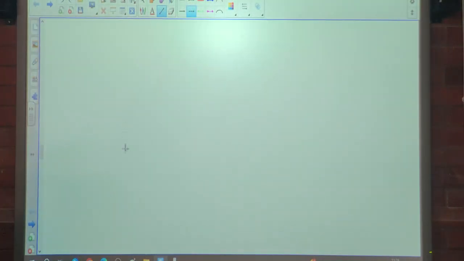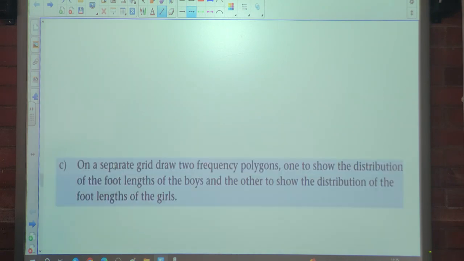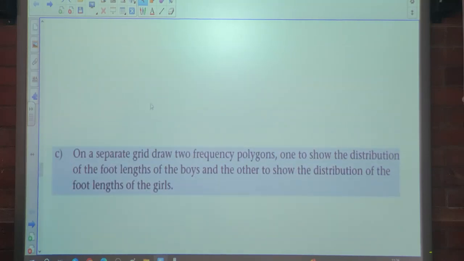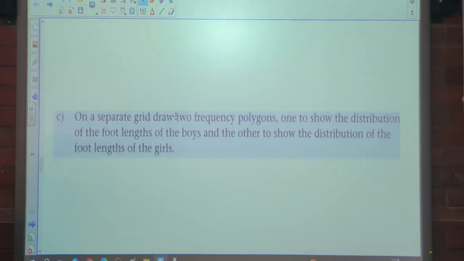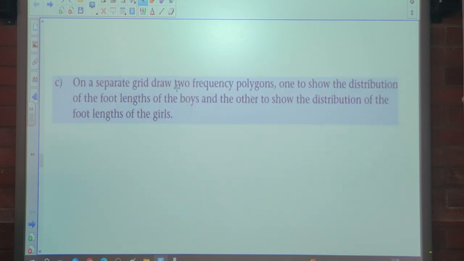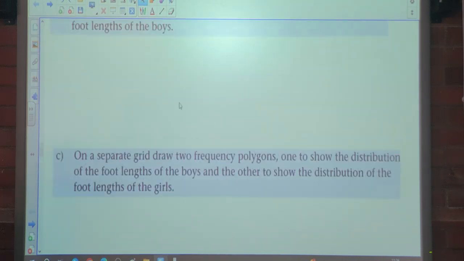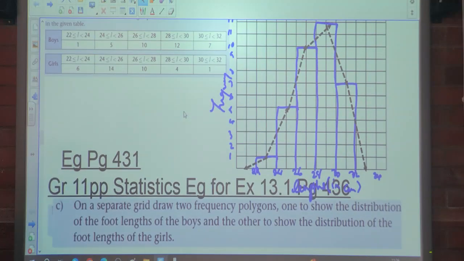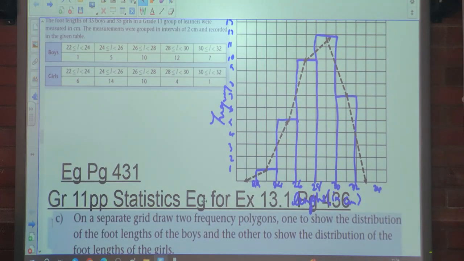Then C. On a separate grid, draw 2 frequency polygons, one showing the distribution of the foot lengths of the boys and the other the distribution of the foot lengths of the girls. Okay. You guys probably know I'm going to use the same thing.